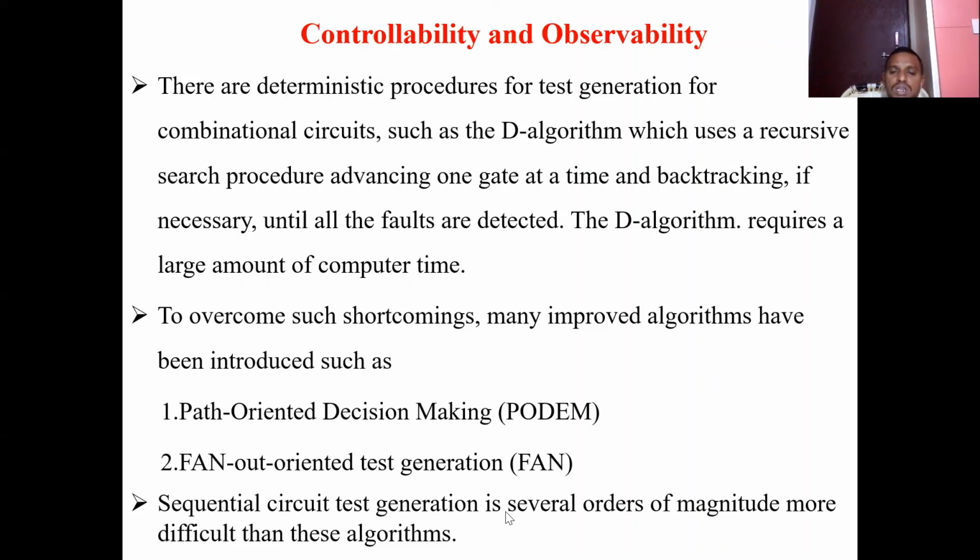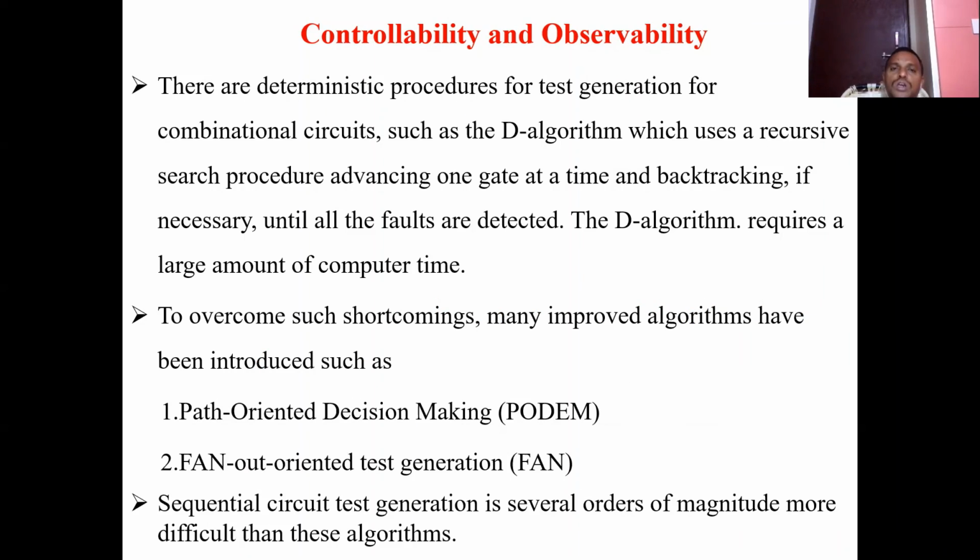Sequential circuit test generation is several orders of magnitude more difficult than these algorithms, because a sequential circuit involves combinational circuits in combination with memory elements. So it is difficult to test these circuits compared with combinational circuits.